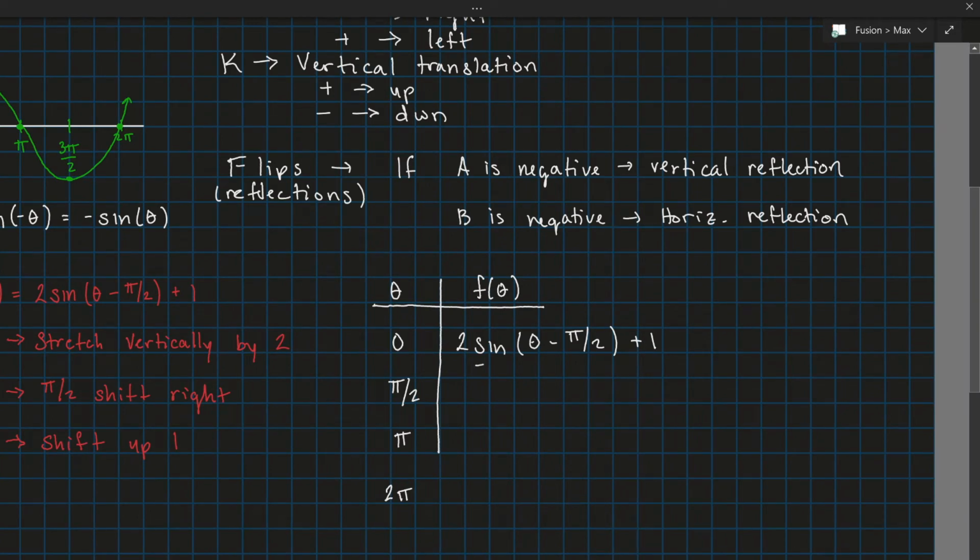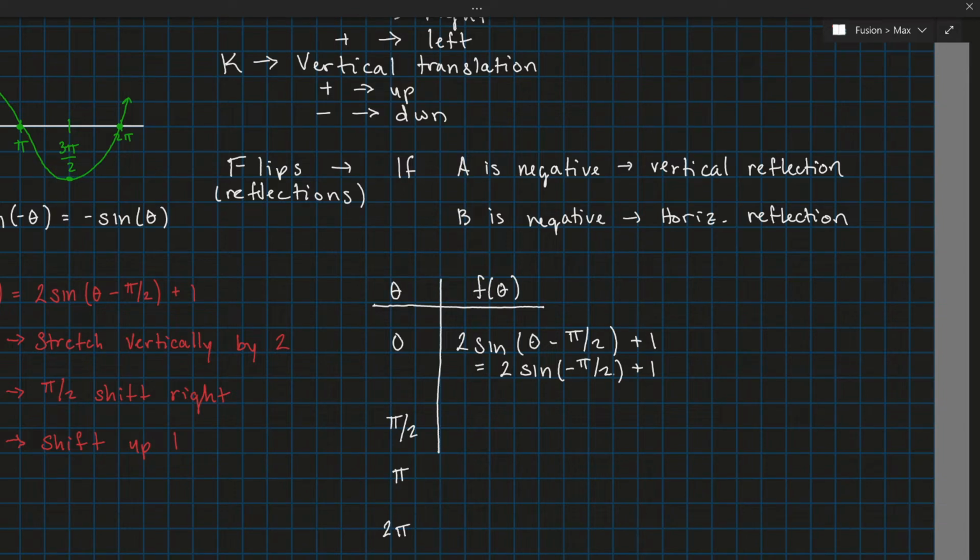So that gives us 2 sine of negative pi over 2 plus 1. So what is sine of negative pi over 2? That would be the y-coordinate at negative 90. So let's break that down.